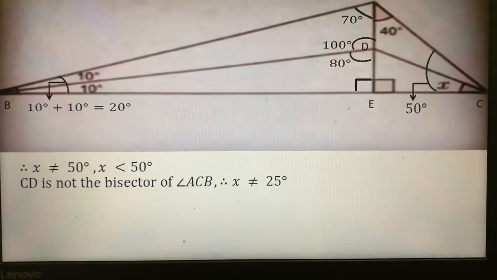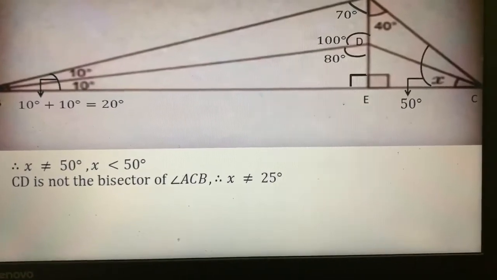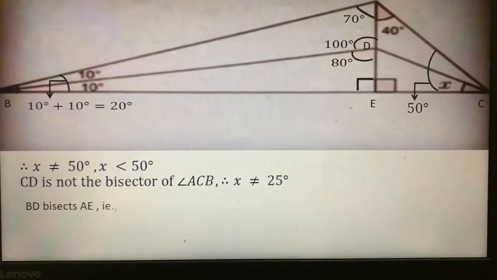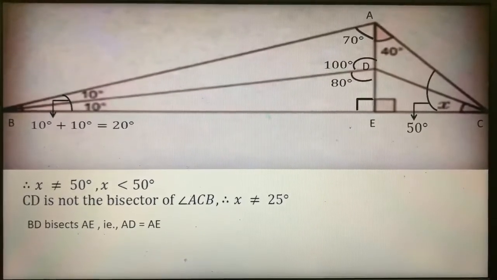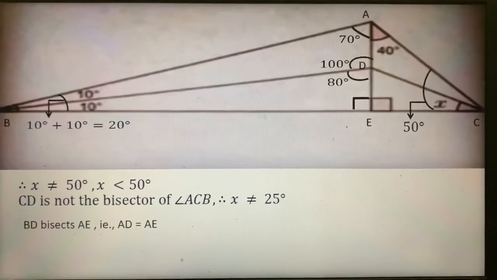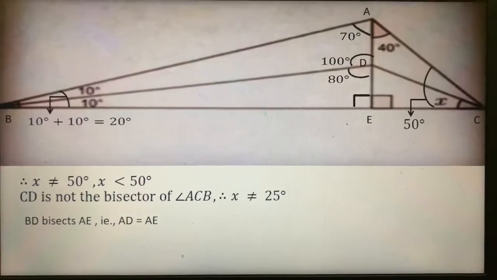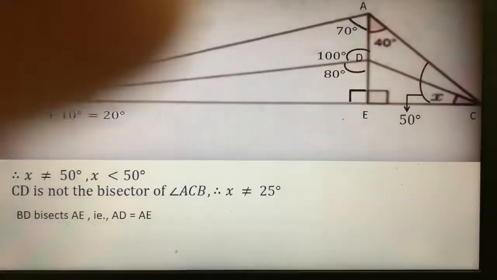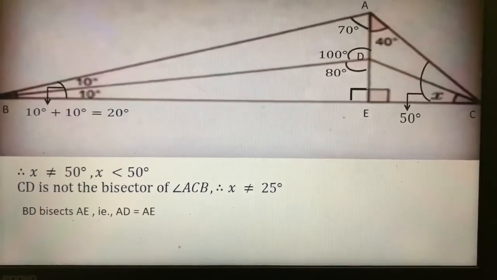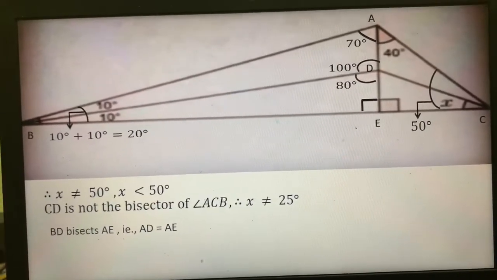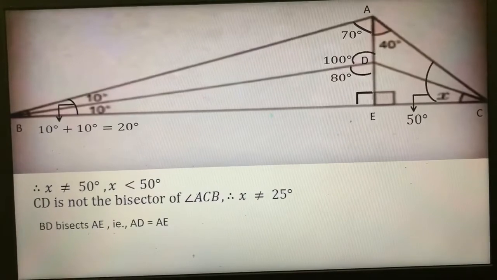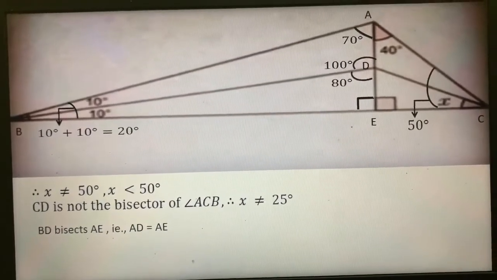Next remains the third logic, which I got for 90% of cases, that BD bisects AE, that is AD equals DE. Clearly from the picture it looks like AD equals DE, but is it given that AD equals DE?